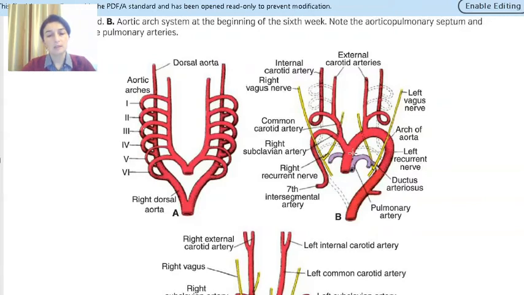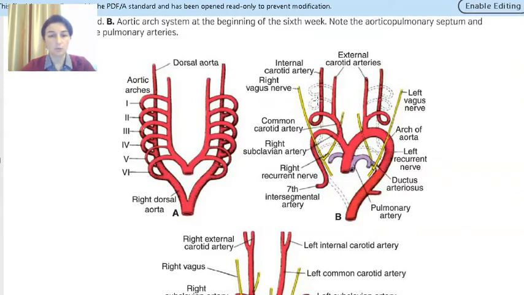On the left side it will be the aortic arch, and on the right side we will have the brachiocephalic artery, and then it will continue into the right subclavian artery. So those will be the horns of the aortic sac. Then we will see some change in the vascular system because of this shift of the blood. Here, that first arch, as we see, disappeared.